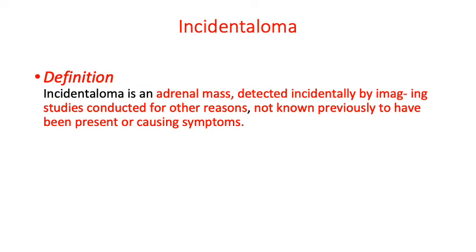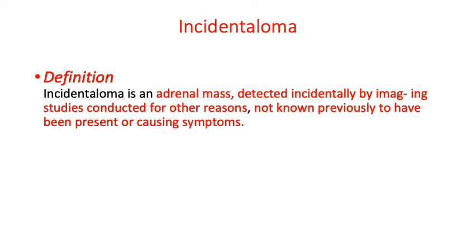Now, the first condition related to the adrenal gland we call incidentaloma. The definition of incidentaloma is an adrenal mass detected incidentally by imaging studies conducted for other reasons, not known previously to have been present or causing symptoms.